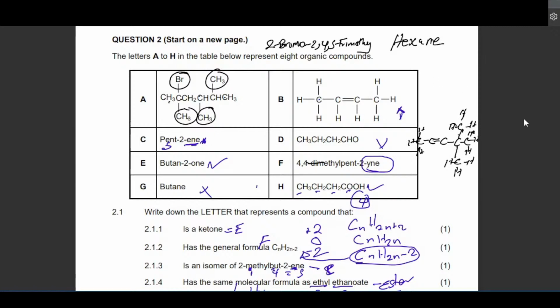So it is 1, 2, 3, 4, 5, which is pent. 2 is carbon atom number 2, and then yne is the triple bond. They're saying 4, 4, because this is the main functional group, therefore it takes that direction. But what is this 4, 4 about? It is a methyl, hence I have these 2. So basically that is it.